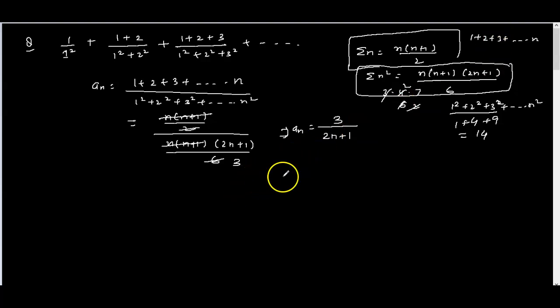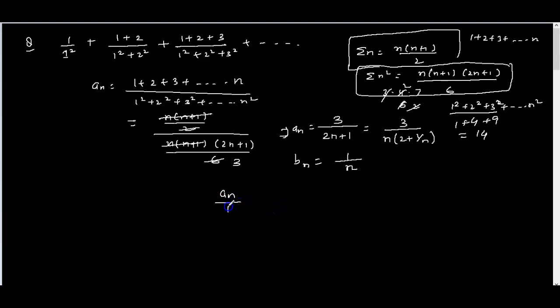Okay, so now we can do it with a method. an is something like 3 upon 2n plus 1. The comparison method will be fine here. So for bn, you can take n common: 3 upon n into 2 plus 1 by n. So bn you can choose as 1 upon n.